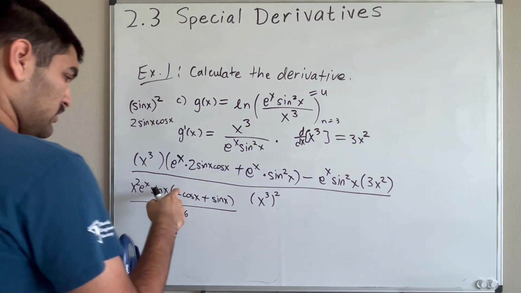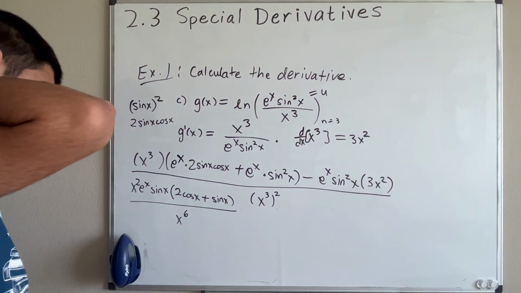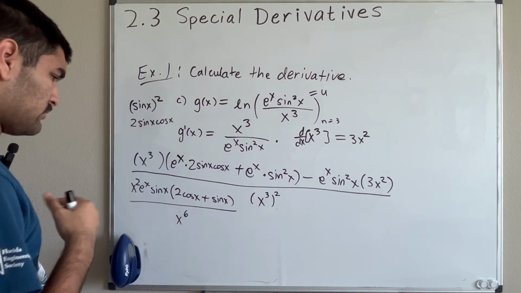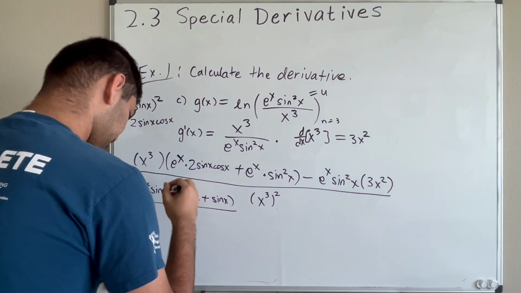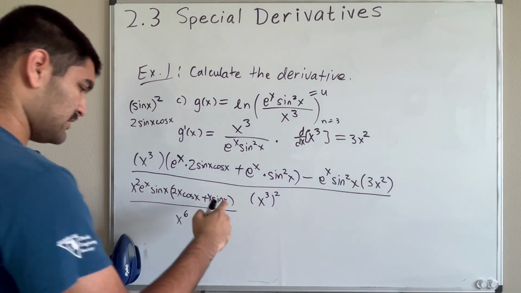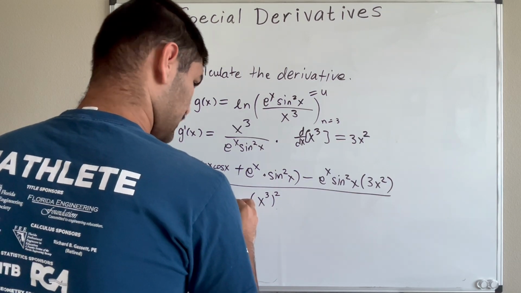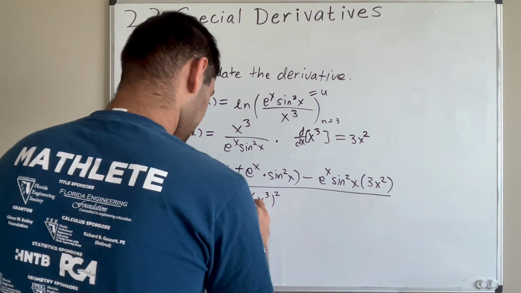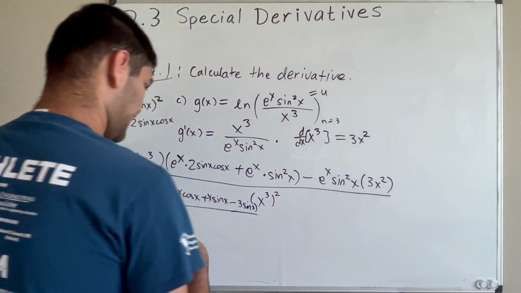Okay. So then over here, what am I left with? Well, I have a 2x cosine x plus x sine x, right? And then minus 3 sine x, all over x to the power of 6.